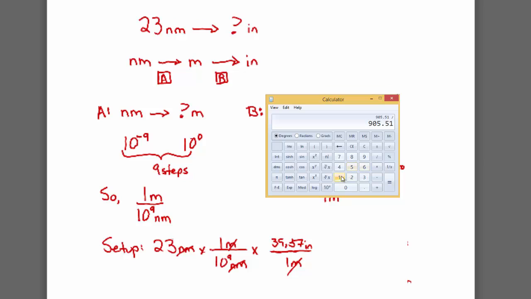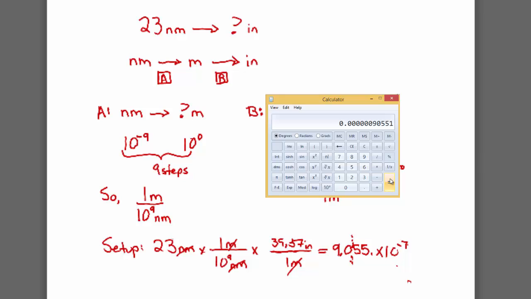I enter in 1 and then either enter in the EXP button for exponent or the double E button, which stands for times 10 to the power of, and then I just put the exponent value after that, which would be positive 9. And in the end, my calculator answer that I get is 9.0551 times 10 to the minus 7.